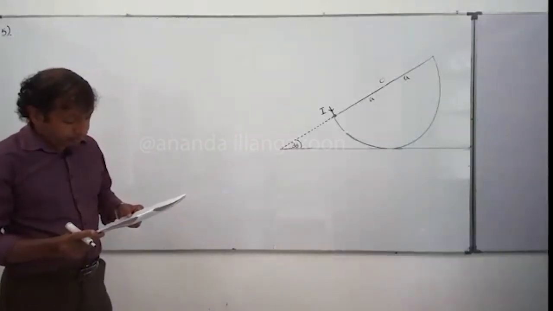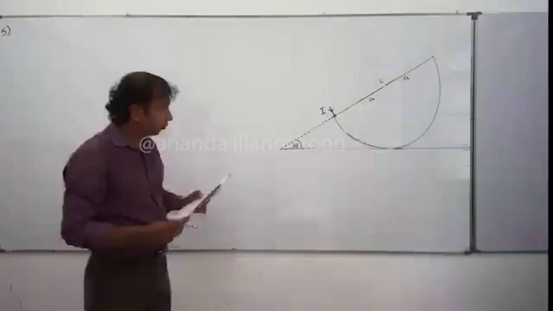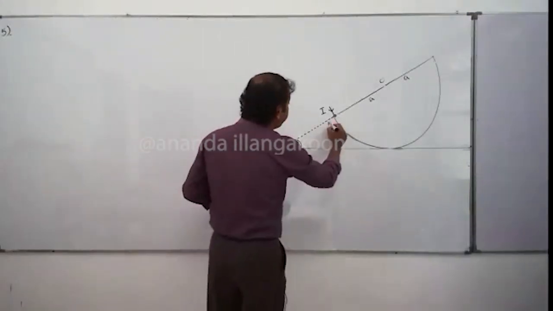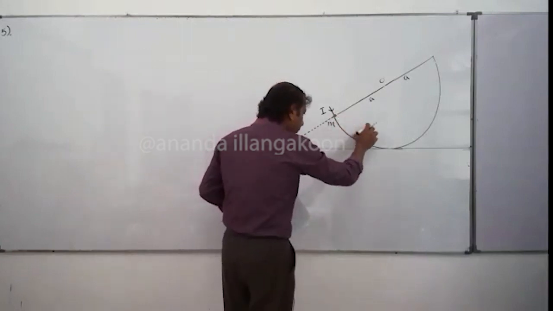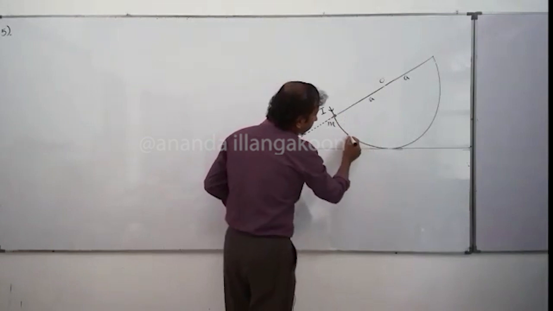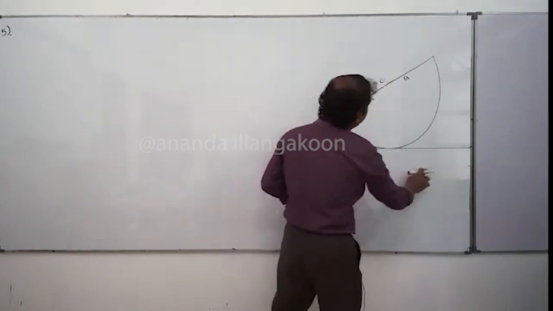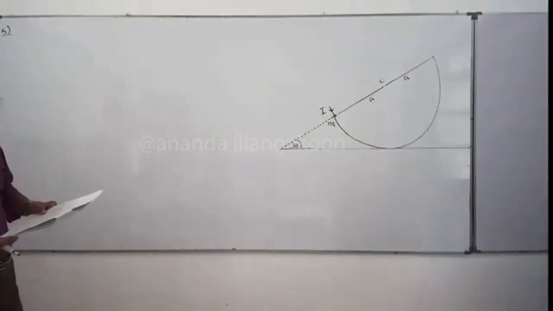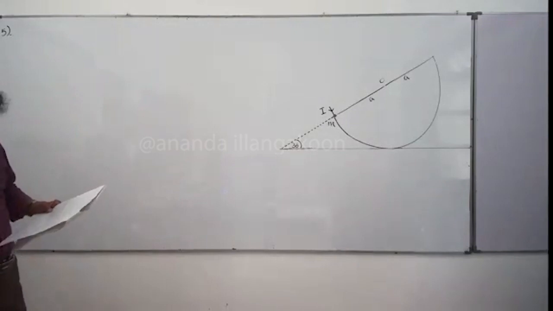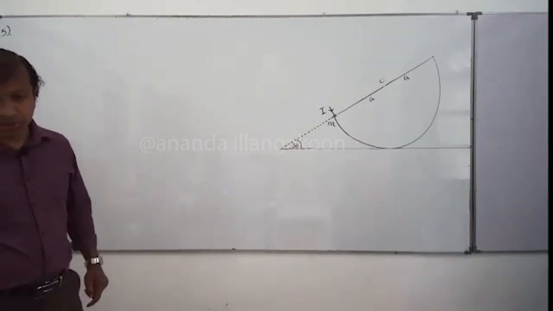Mass of the particle is m. Find the initial velocity of the particle P. How to find the initial velocity of the particle P?